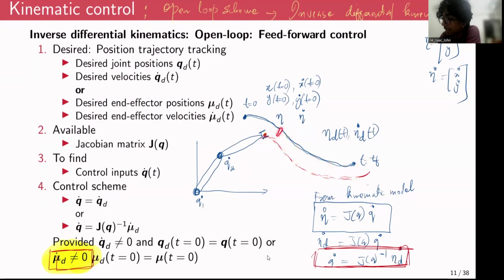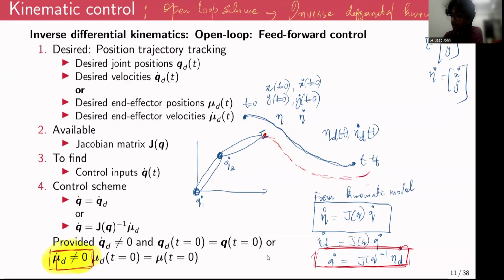So in order to eliminate this finite offset, the initial position of the actual robotic arm should coincide with the initial position of the trajectory. So if both of these points coincide, then the robot will try to track through the desired trajectory. But if the initial positions are not coinciding, there is always going to be an offset between the desired and the actual path.